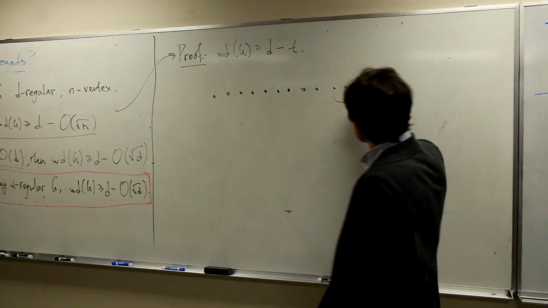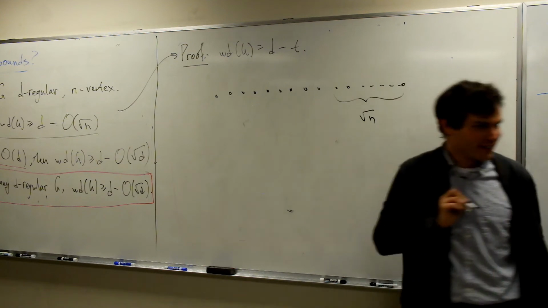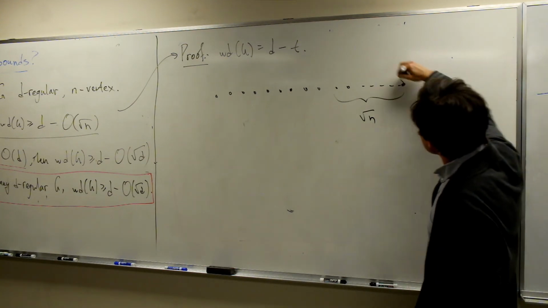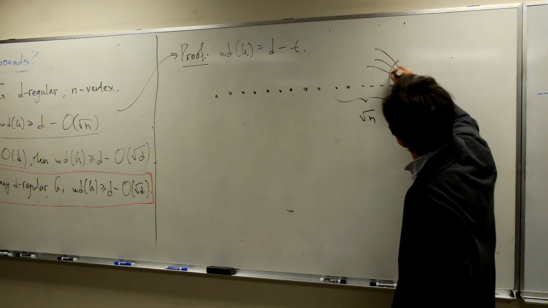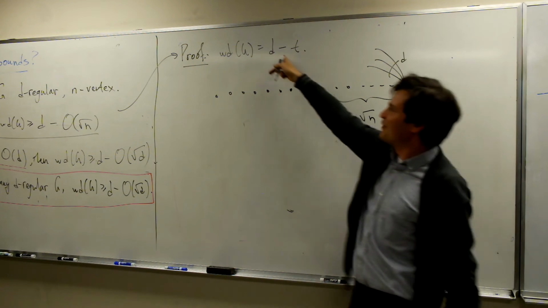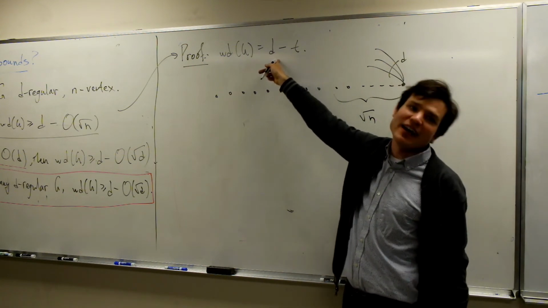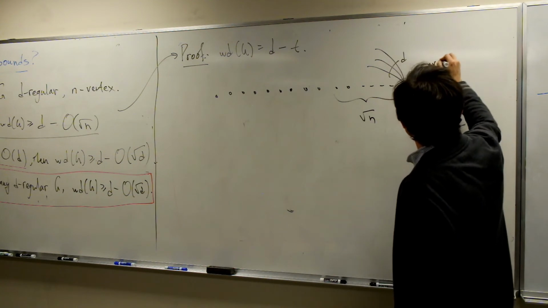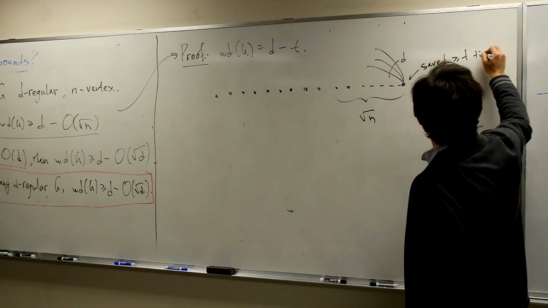Let me look at the last square root n vertices in this ordering. What's the problem with these guys? Well, look at this last vertex. It is preceded by d of its neighbors, but we only start with the function being d minus t at this point, so we had to save it at least t times. So it's saved at least t times.